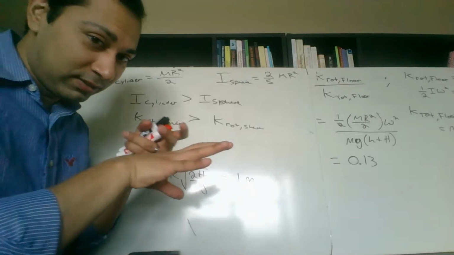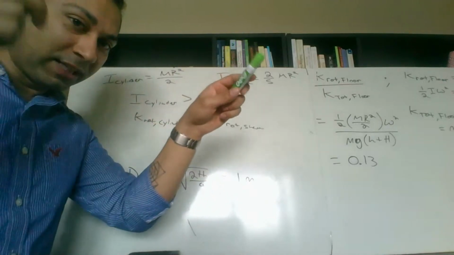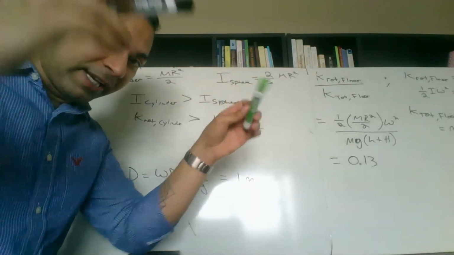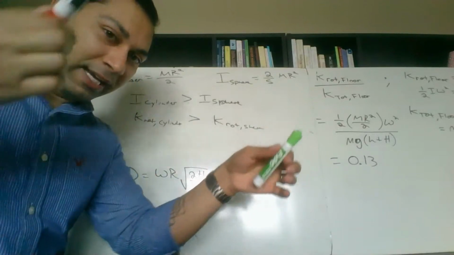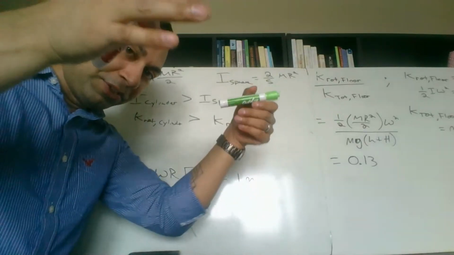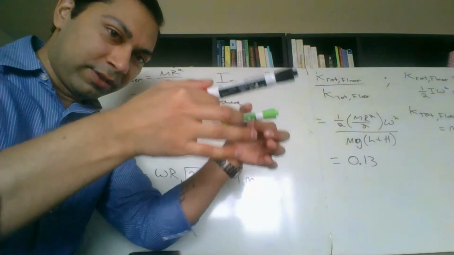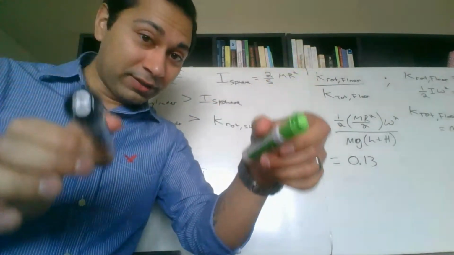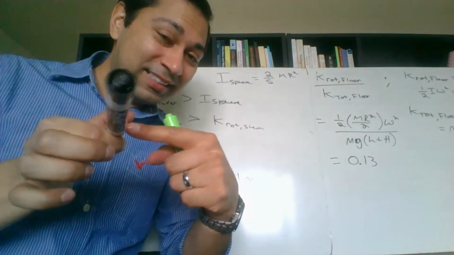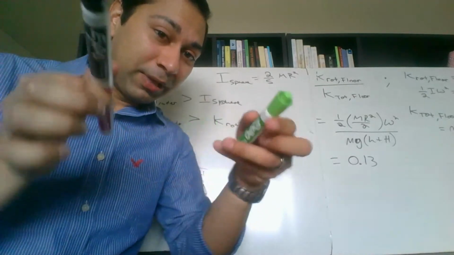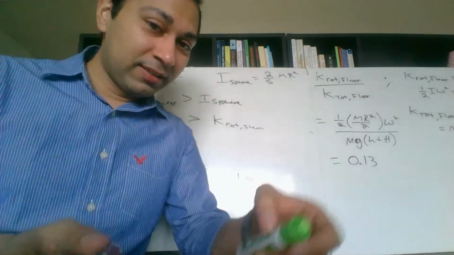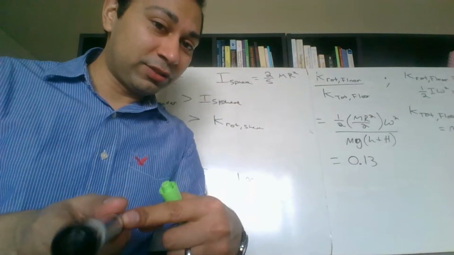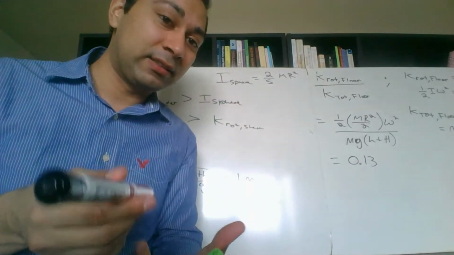With more mass, two objects, object A, object B. Object A has twice the mass of object B. When you let them go, they're both going to fall at the same speed, but this one is going to have more translational kinetic energy at the bottom because it has more mass.